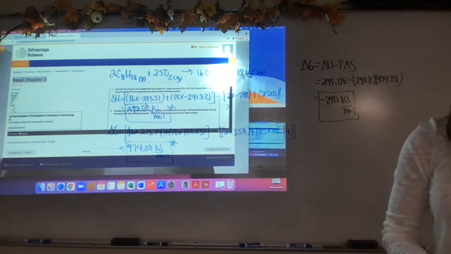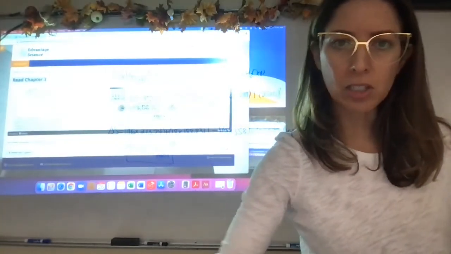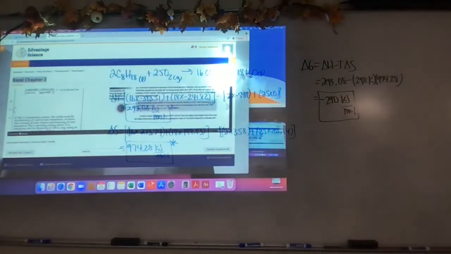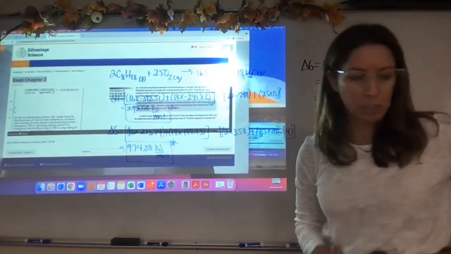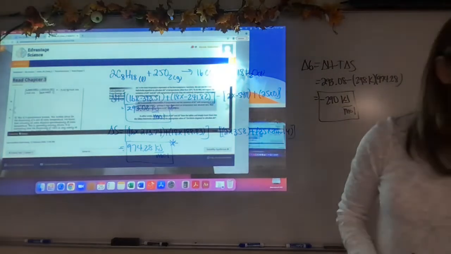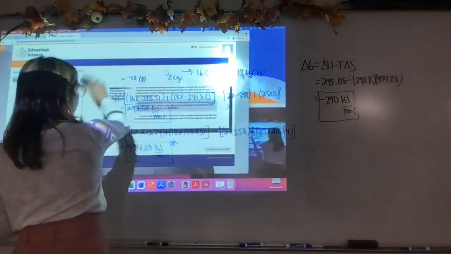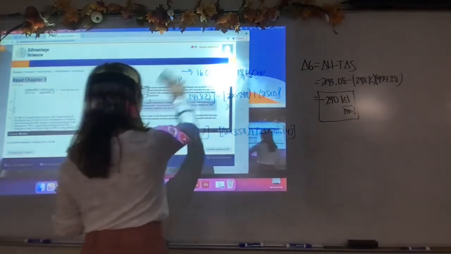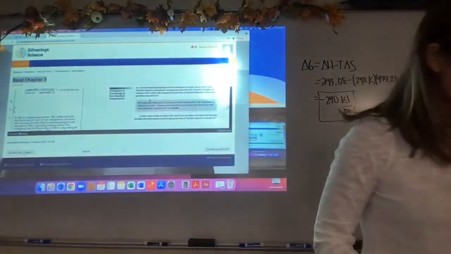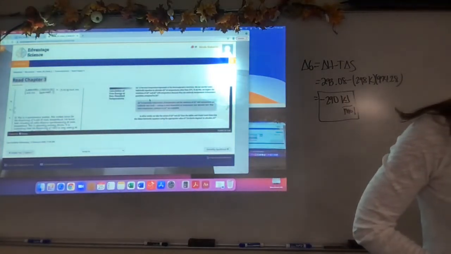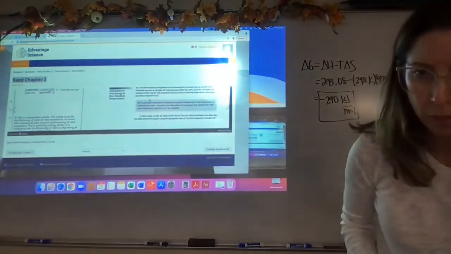Okay. Now, let's take a look at calculation of free energy at non-standard states. So standard Gibbs free energy is the most temperature dependent of all of the thermodynamic functions. And standard enthalpy changes are pretty much independent of temperature.